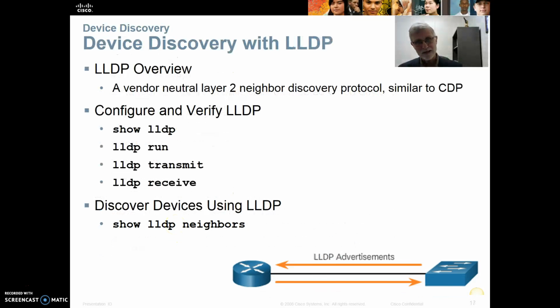The second one is LLDP. It's the Link Layer Discovery Protocol. It's similar to CDP, but it happens at, guess what, layer 2. So it's now looking at the data link layer. And the commands here are show LLDP, show run, or LLDP run, transmit, and receive.